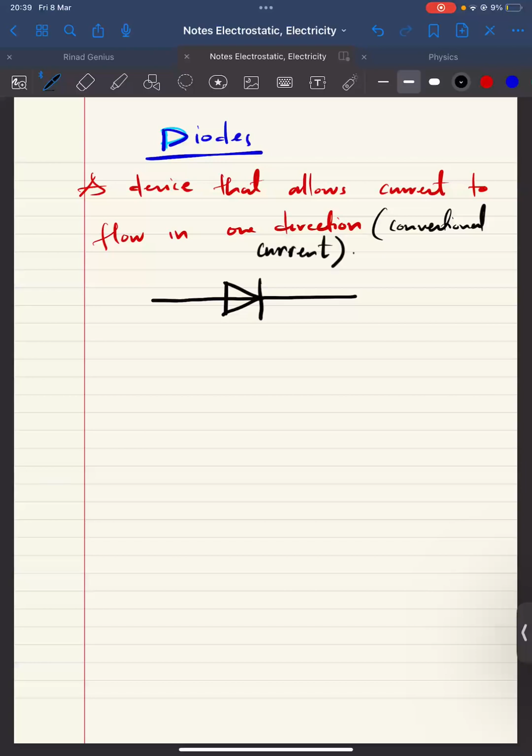Yeah, Faris. What is conventional current? Who can tell me what current is?